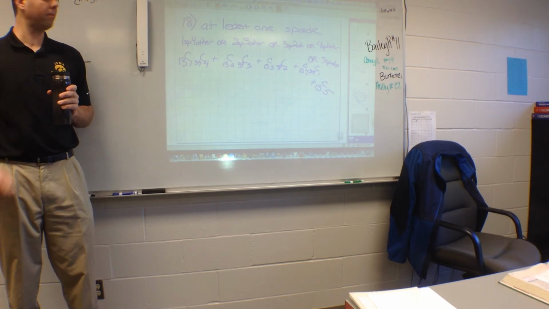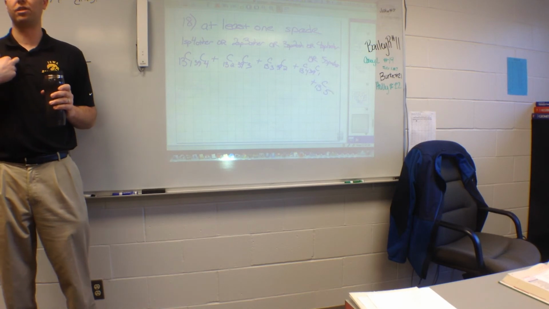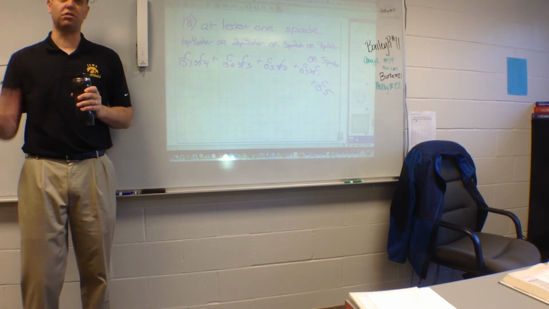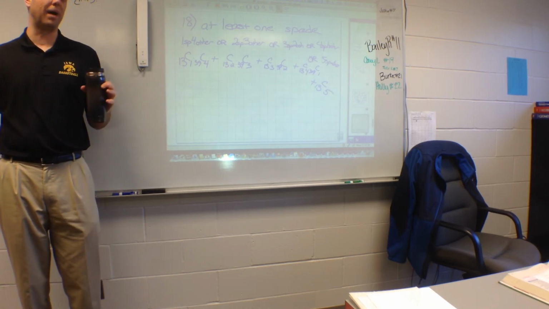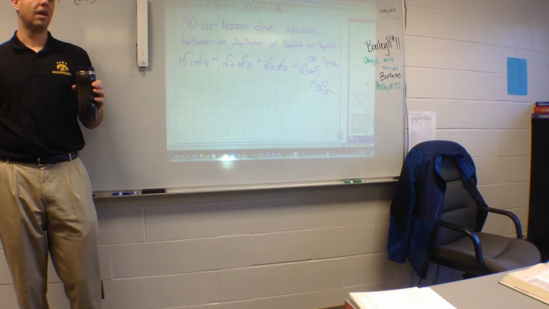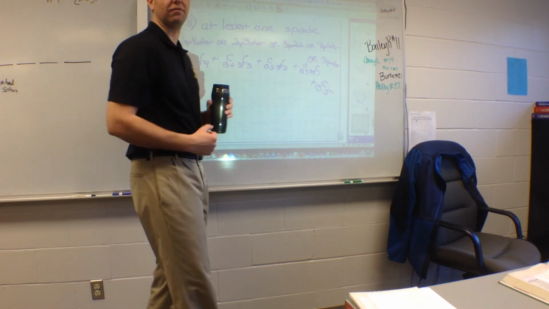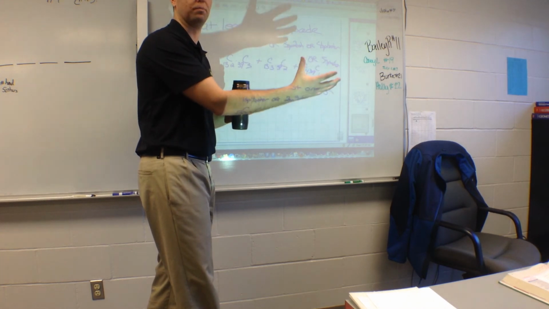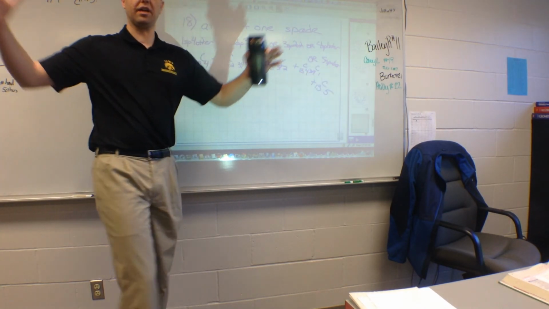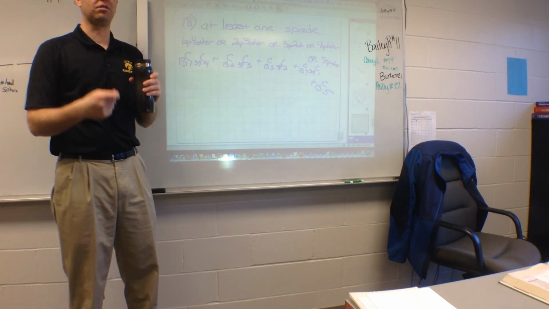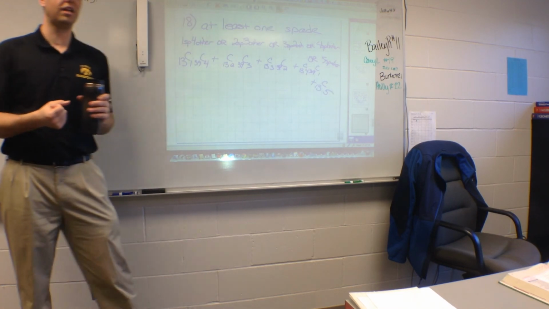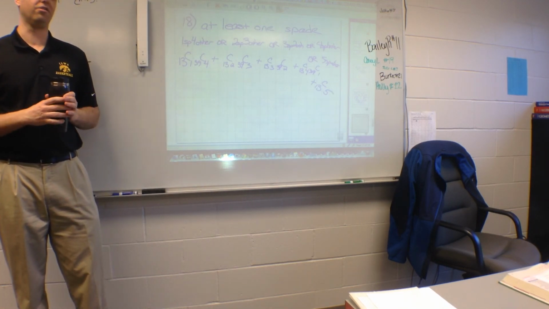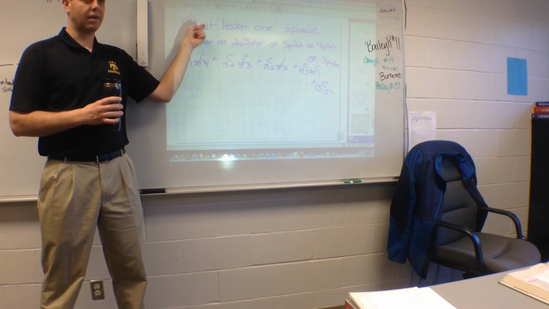But on this problem, absolutely, if I did this one, I would do 52C5 to get the total number of hands possible, and I'd take away 39C5 because those are all of the hands where there's not a spade in it. If you take all the hands possible and take away all the ones that don't have a spade in it, you're left with all the ones that have at least one spade.